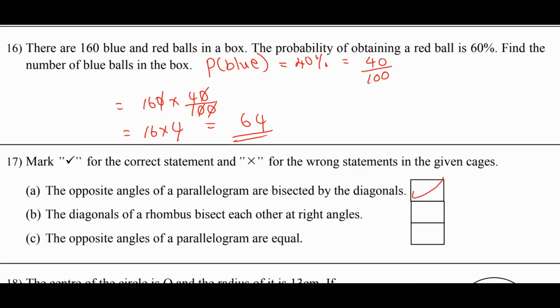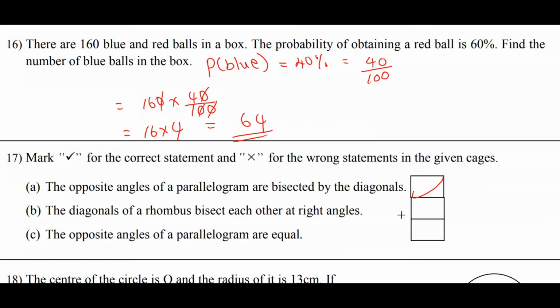Part B: the diagonals of a rhombus bisect each other at right angles. The second statement is also a true one. Part C: the opposite angles of a parallelogram are equal. Yes, that is exactly true. Then all three statements are correct. Let's try question number 18.